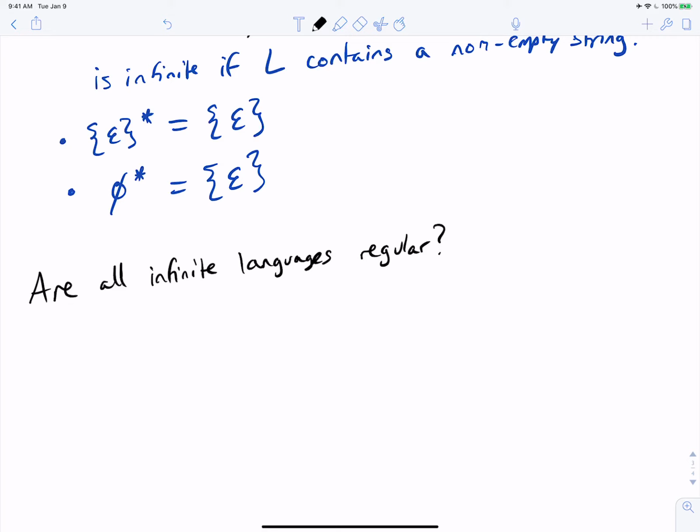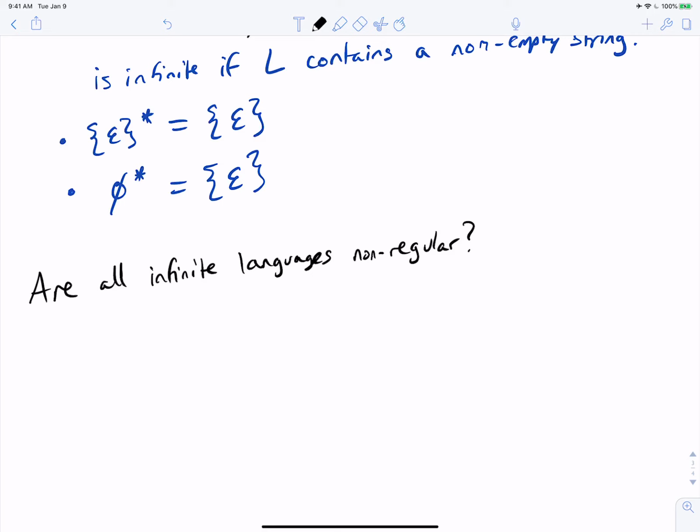I mean, any non-regular language has to be infinite. But the question is, are all infinite languages not regular? Oh, I see what you mean. I wrote it wrong. Thank you. Non-regular. Thanks.